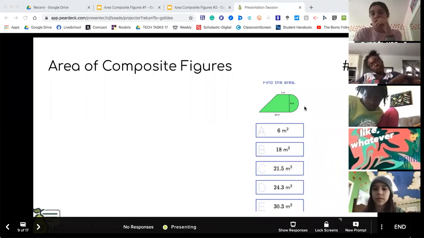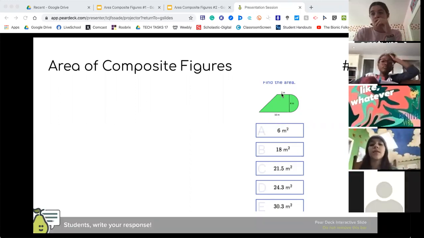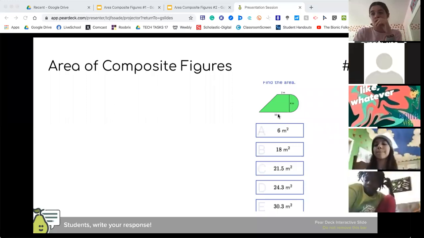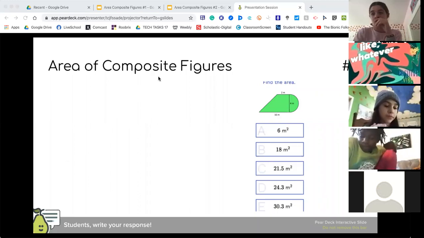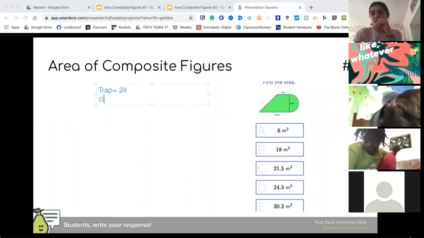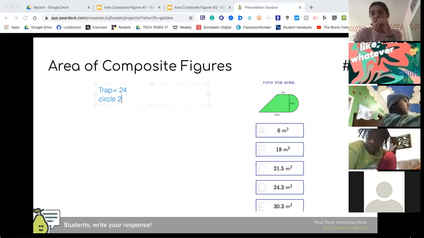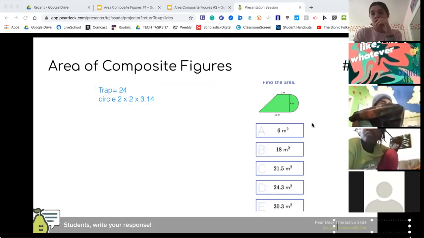So this one, I've got to do area of a trapezoid first. So I'm going to say 2 plus 10 is 12. Half of that is 6. 6 times 4 is 24. So the trapezoid equals 24. Everybody good with that? Now, the circle, I got to do 2 squared, 2 times 2 times 3.14.